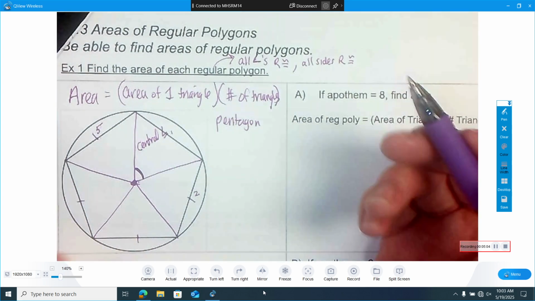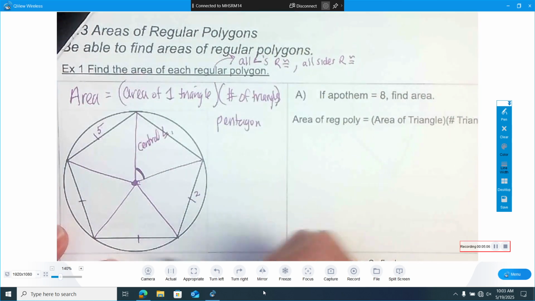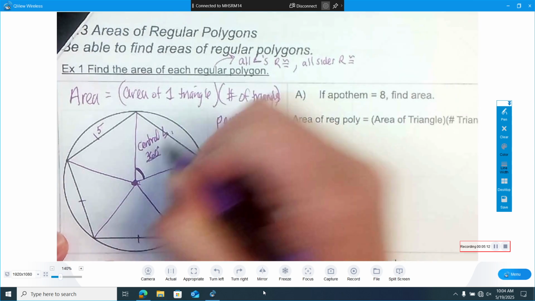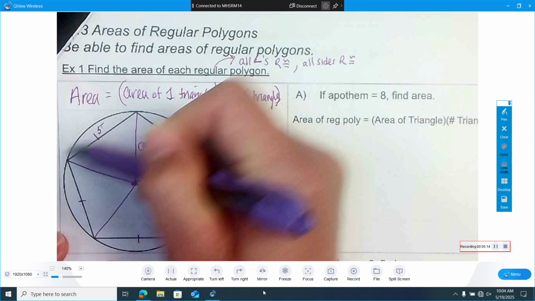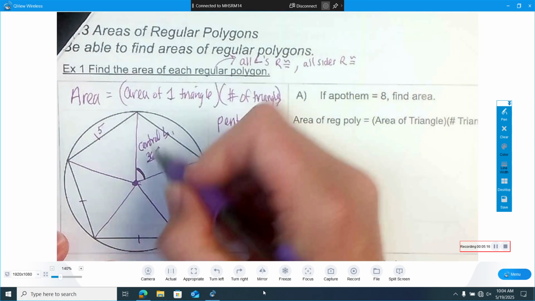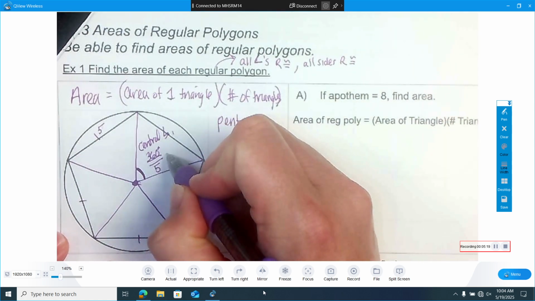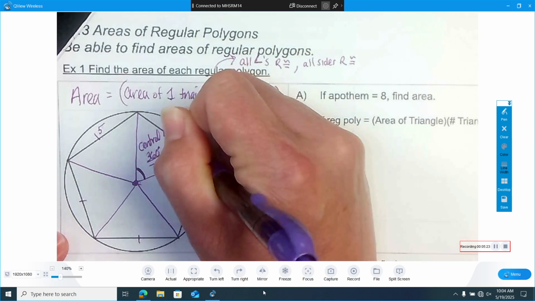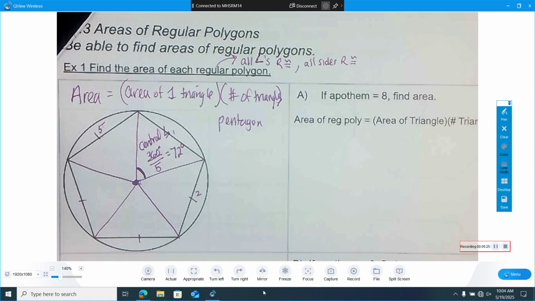Divided by 5, absolutely. So we know that this is why I inscribed it in a circle, because they all fit inside a circle. We know that there's 360 degrees in a circle, and this is a pentagon, so we want to divide it by 5. So we're going to divide it by the number of sides, and it turns out that 360 divided by 5 is 72 degrees. Now, I'm going to do some fancy math right now.